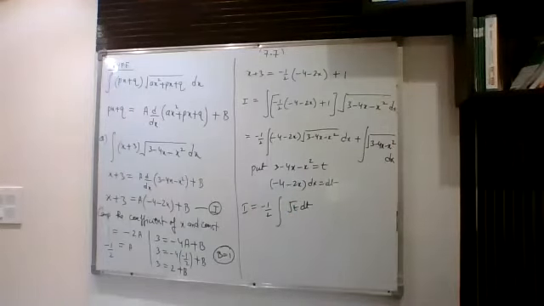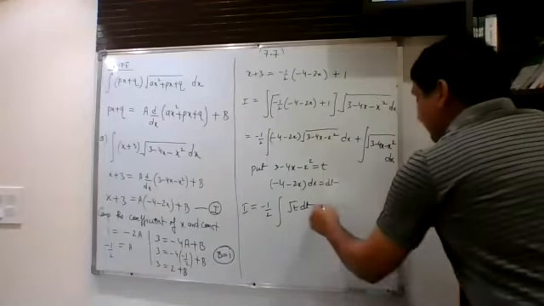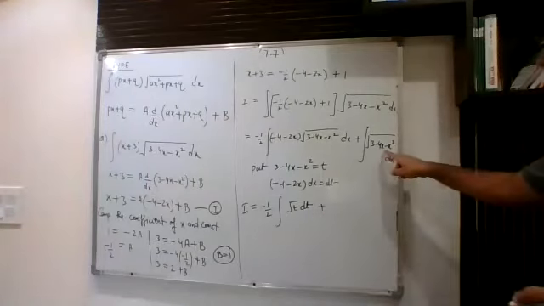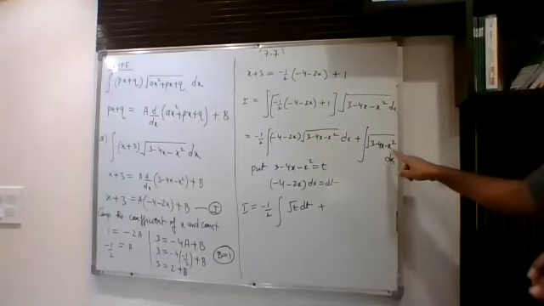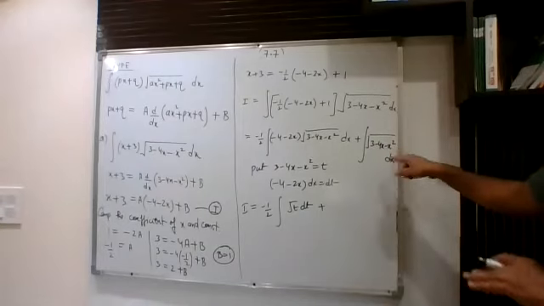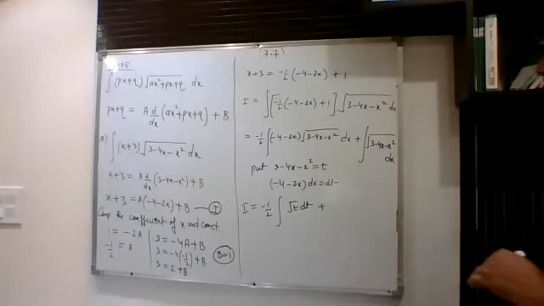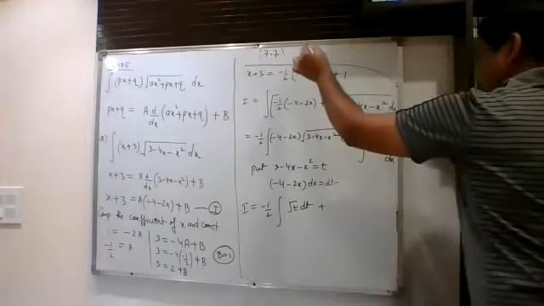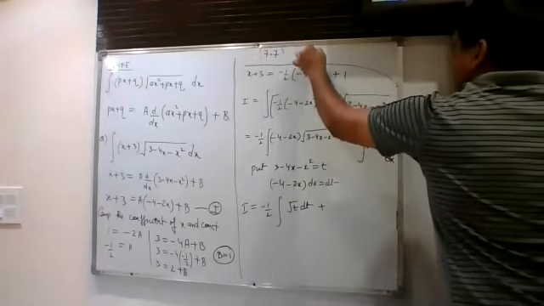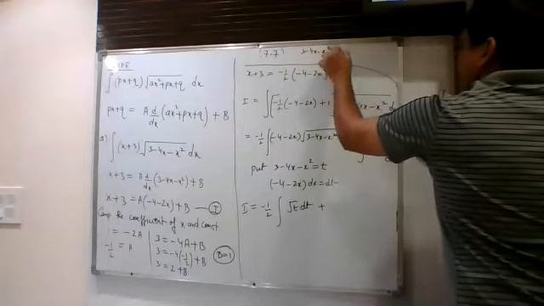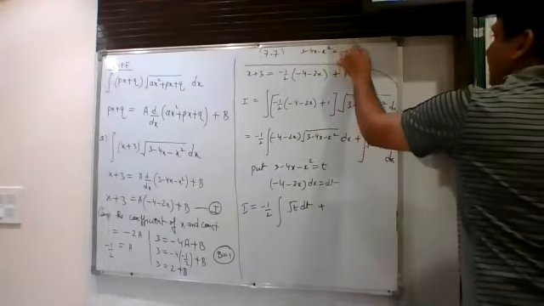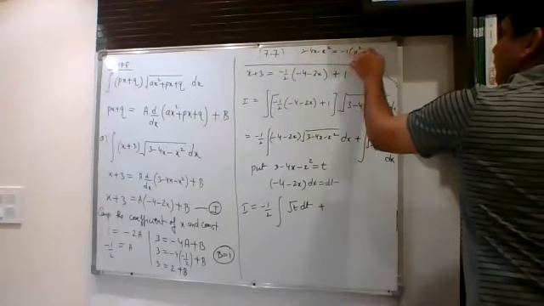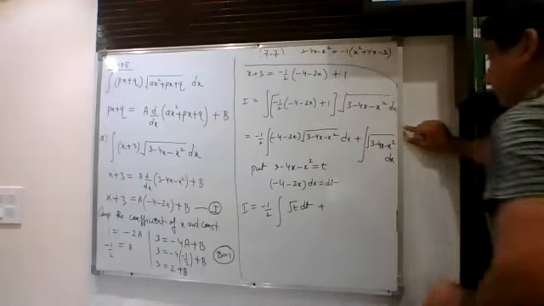And for the second part, this is based on the previous type which we had done, under the root of quadratic. So just convert this to a perfect square and apply the corresponding formula. Let us convert it to a perfect square over here. So this is 3 minus 4x minus x square. First step, take minus outside, so it will become x square plus 4x minus 3.